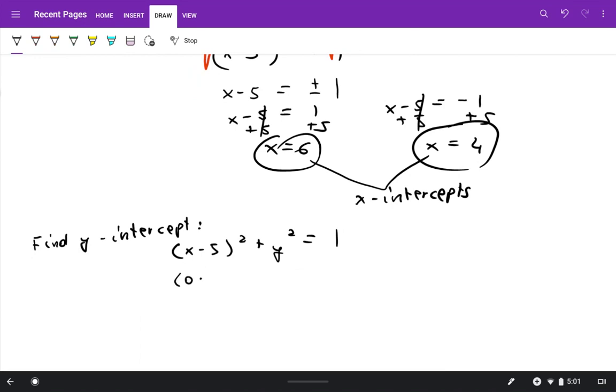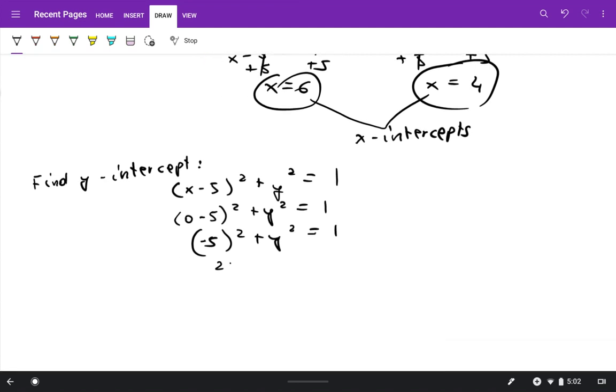So we have (0 minus 5) squared plus y squared equals 1. That will give us negative 5 squared plus y squared equals 1. We're getting 25 plus y squared equals 1.